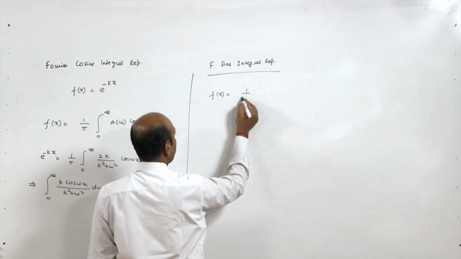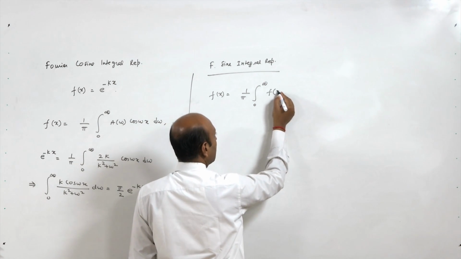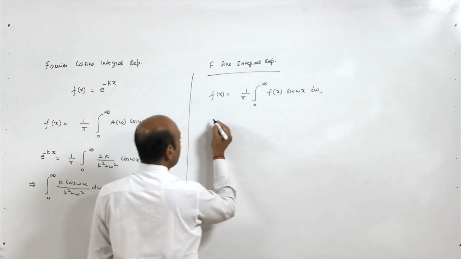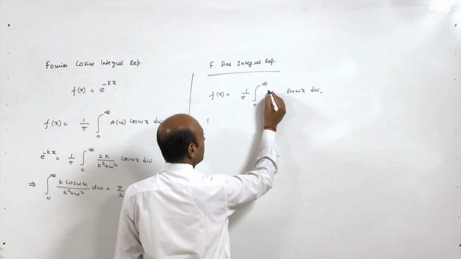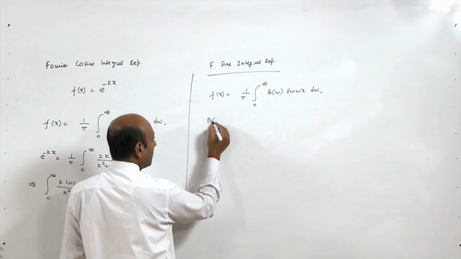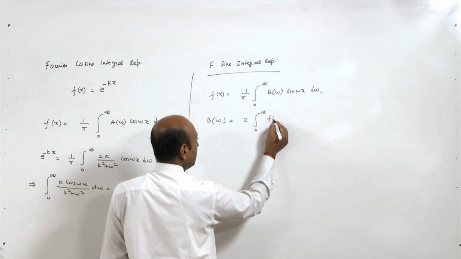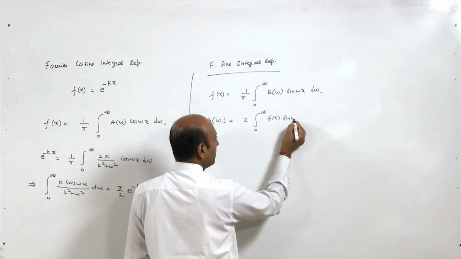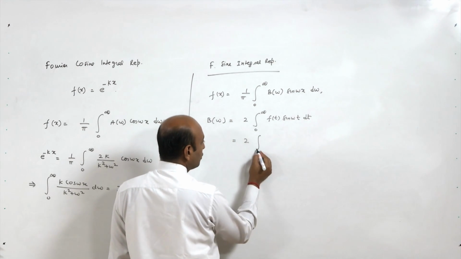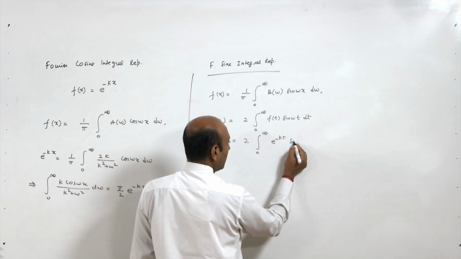That will be given by 1 upon pi integral 0 to infinity B(omega) sin(omega x) d omega, where B(omega), because A(omega) is 0, is given by 2 times integral 0 to infinity f(t) sin(omega t) dt. So that will be nothing but 2 times integral 0 to infinity. What is f(t)? f(t) is e^(-kt) sin(omega t) dt.